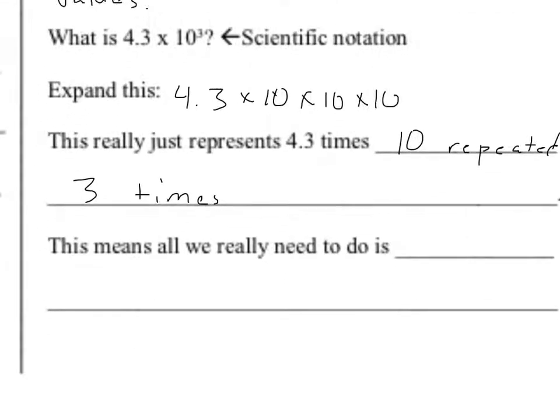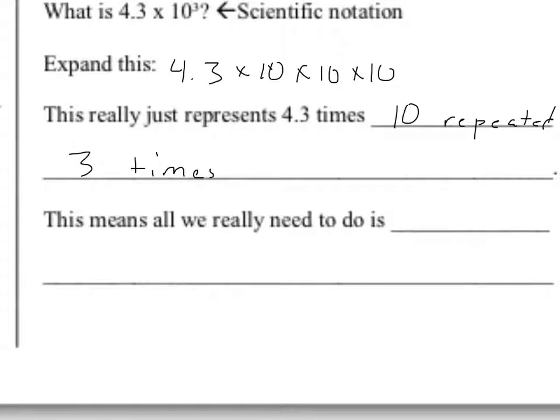So if I'm multiplying by 10 3 times, what's going to happen? The decimal is going to move to the right 3 times for each multiplication of 10. So this really means all we need to do is move the decimal right 3 times.